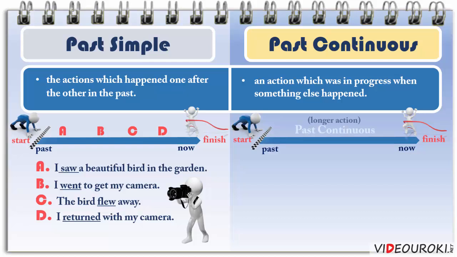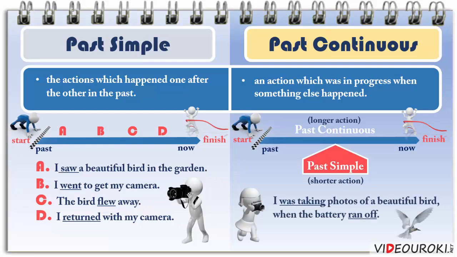We use the past continuous for the action in progress, the longer action, and the past simple for the action which interrupted, the shorter action. I was taking photos of a beautiful bird when the battery ran out. Was taking photos is the longer action. The battery ran out is the shorter action.